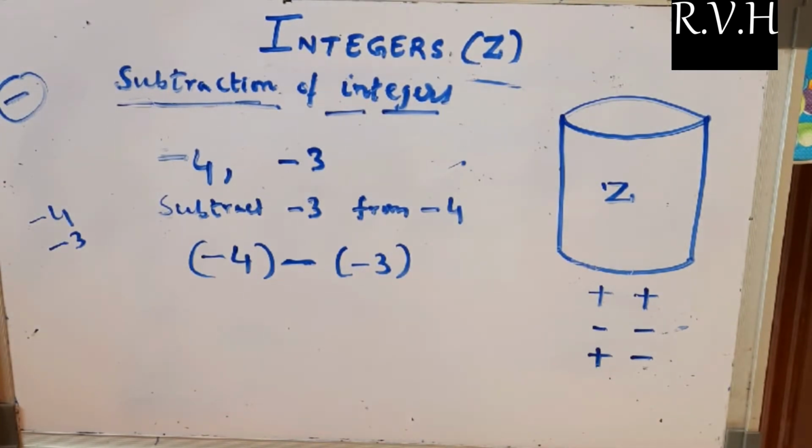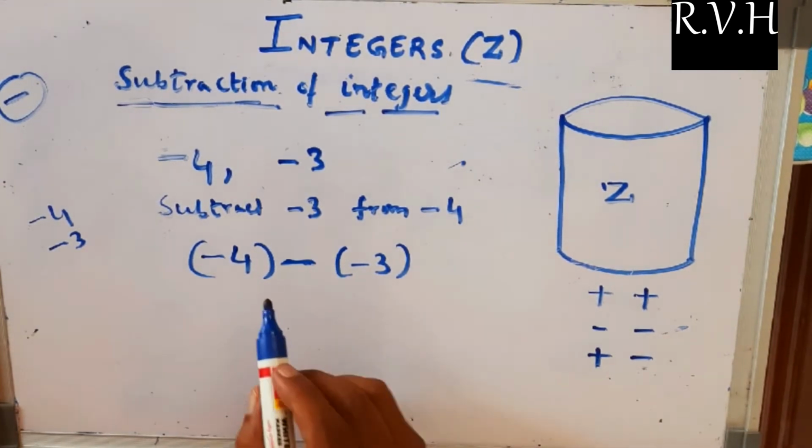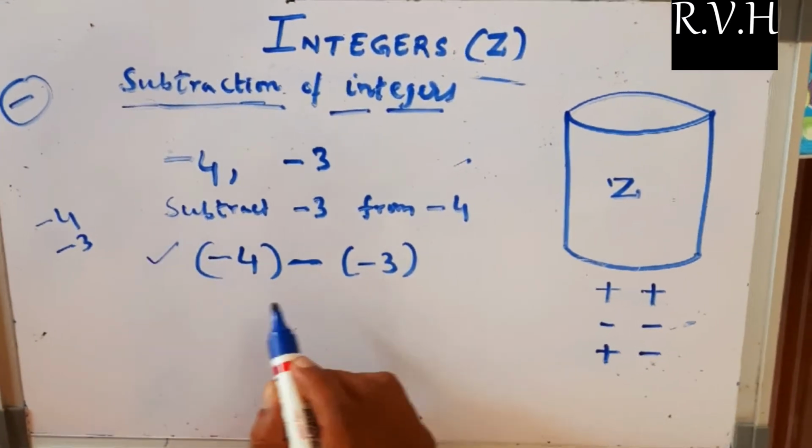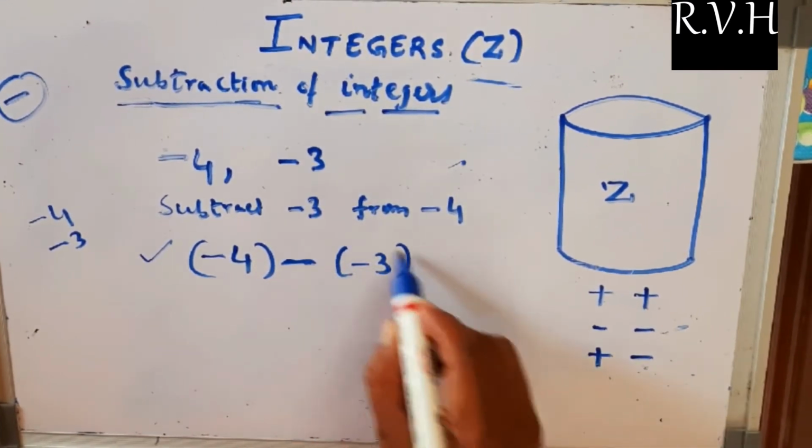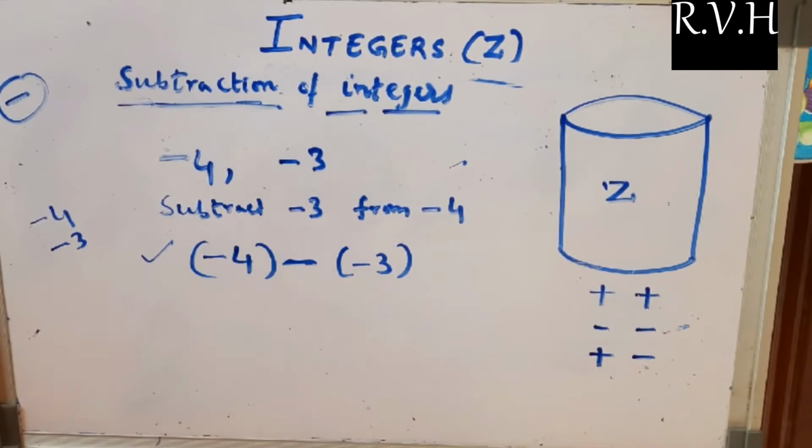Carefully listen to this. Observe this. We are subtracting minus 3 from minus 4. Here also many times you compromise and randomly answer without realizing the real answer. So you must be very careful. Let me take the first one.